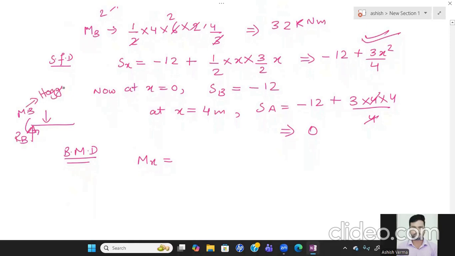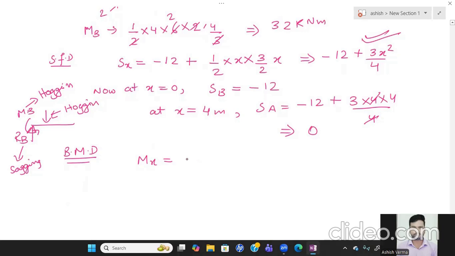Therefore, the effect of MB is hogging. The effect of RB is sagging moment, and the downward loading also produces the hogging effect. We know that hogging moment is taken as negative and sagging is taken as positive.